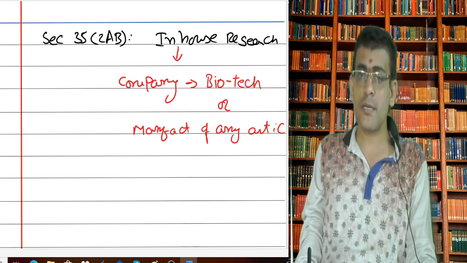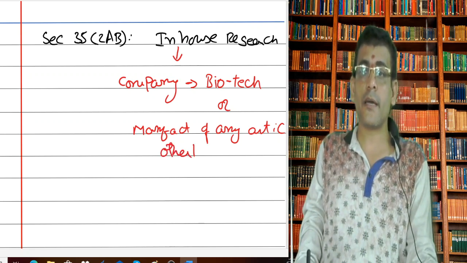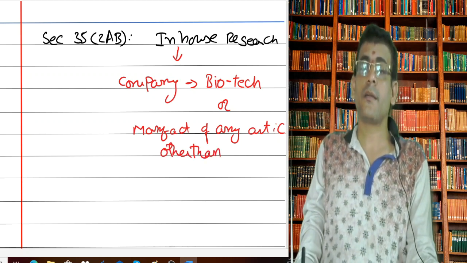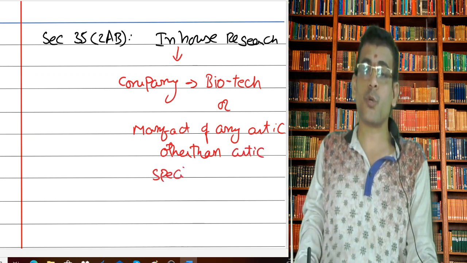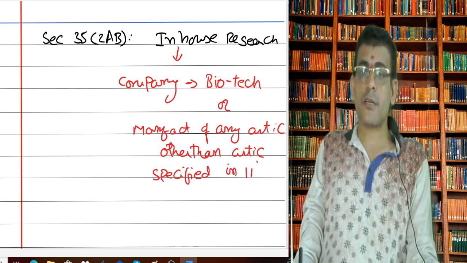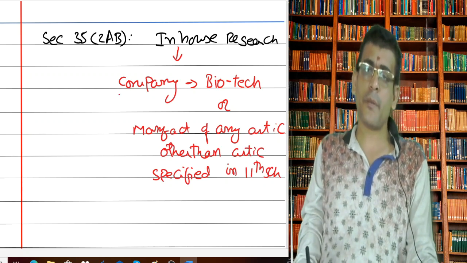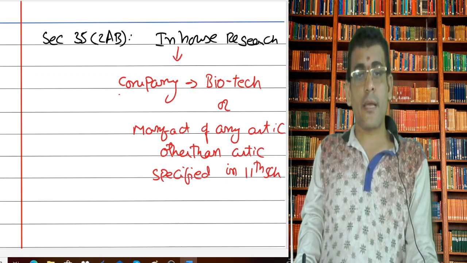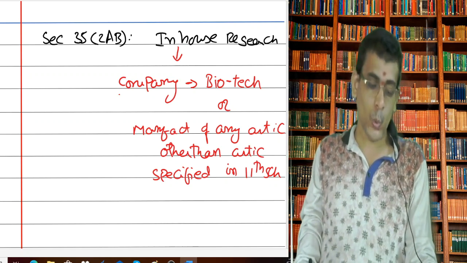So you can manufacture any article other than the article specified in 11th schedule. Other than that, whatever article you make, if you are a company, you are eligible. You are engaged in biotechnology, you are a company, you are eligible for 35 2AB.